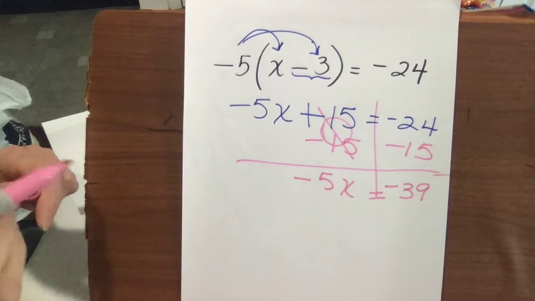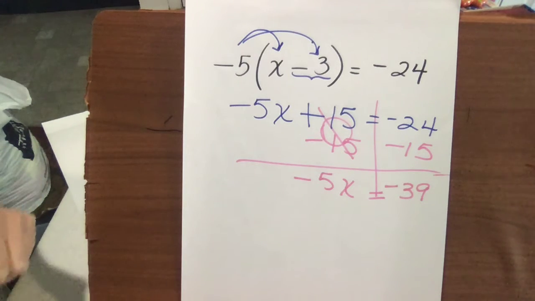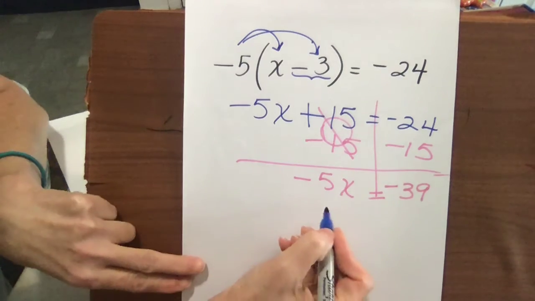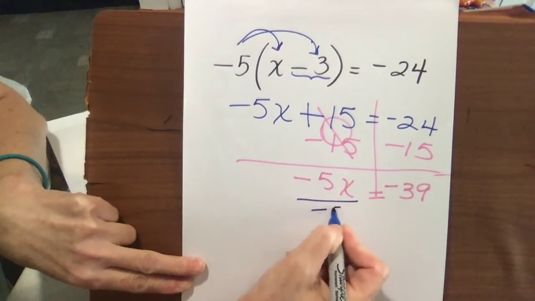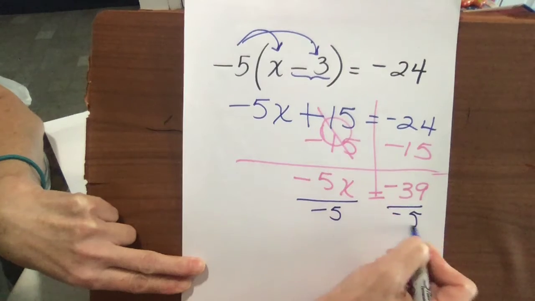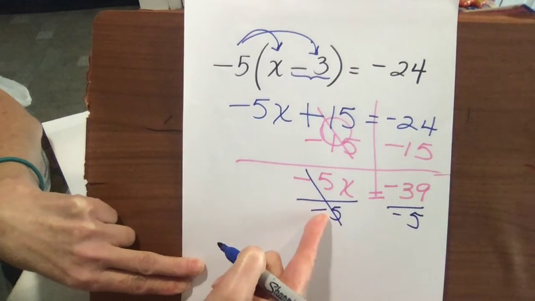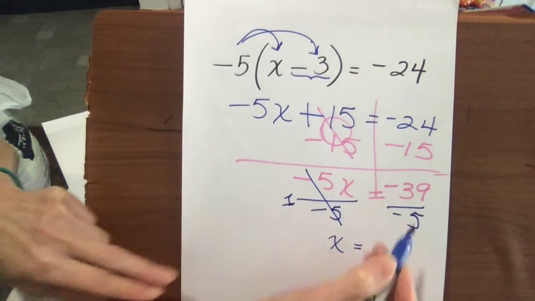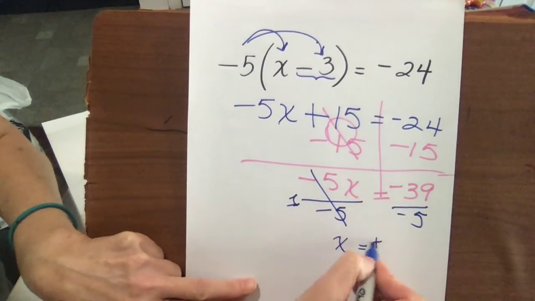Okay, and what we're going to do is divide by -5 now, because it's a one-step equation. So we divide by -5 and divide by -5, and we cross out anything divided by itself is 1. So we're left with x equals, a negative divided by a negative is a positive.